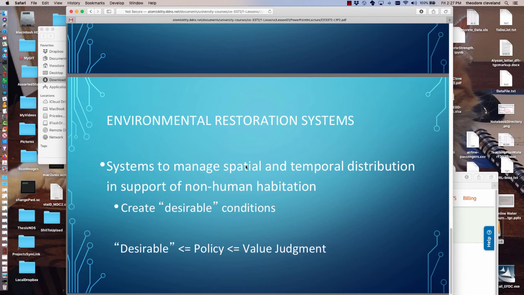The word desirable is a value judgment, so that implies that a policy has to be stated, and that would lead to desirable conditions. Once the policy is stated, the technical design is straightforward because we know what desirable conditions are based on policy, and we can build engineering projects to create desirable conditions.